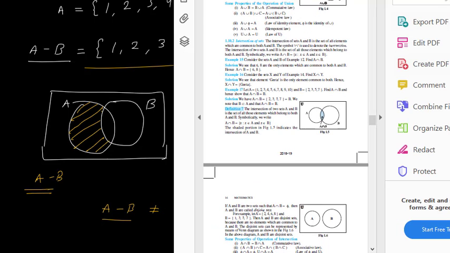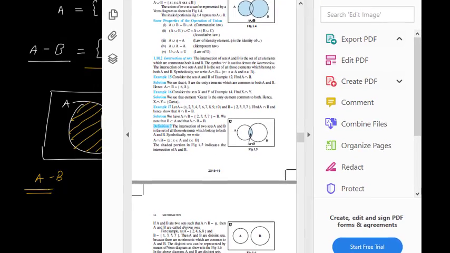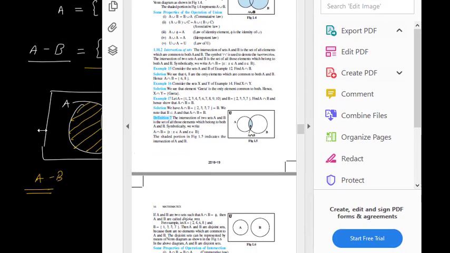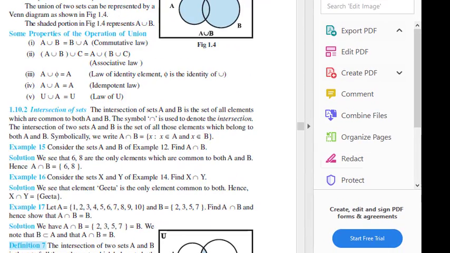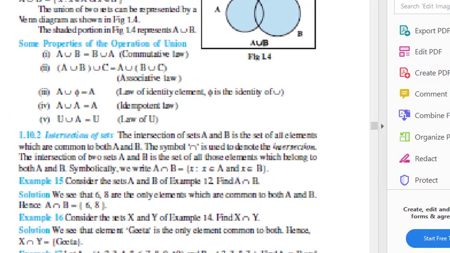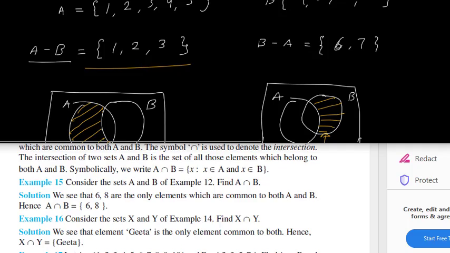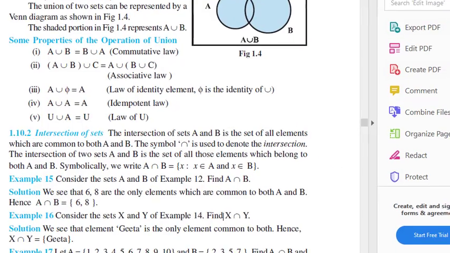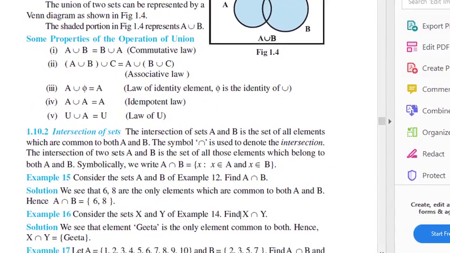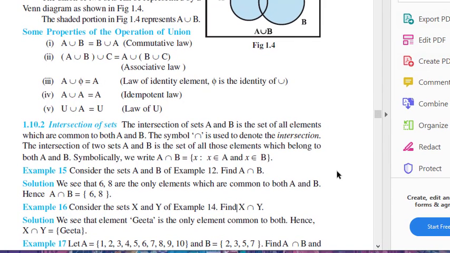A union B is equal to B union A, commutative law.